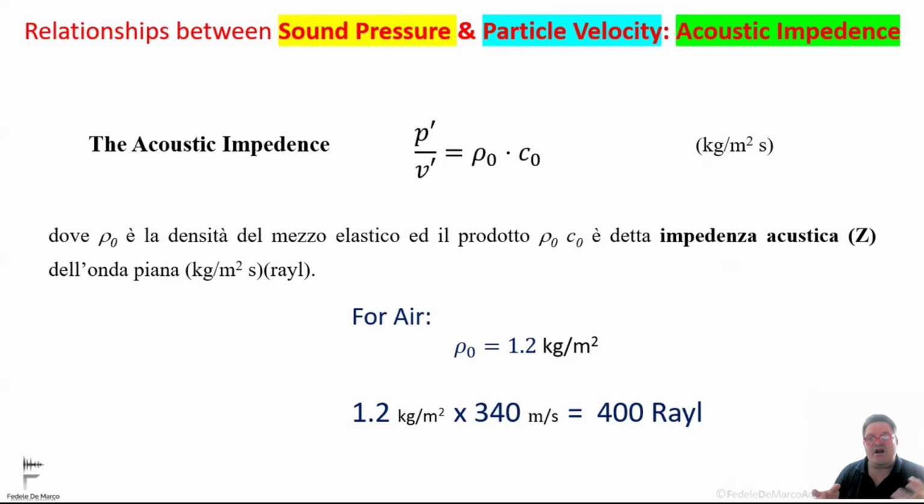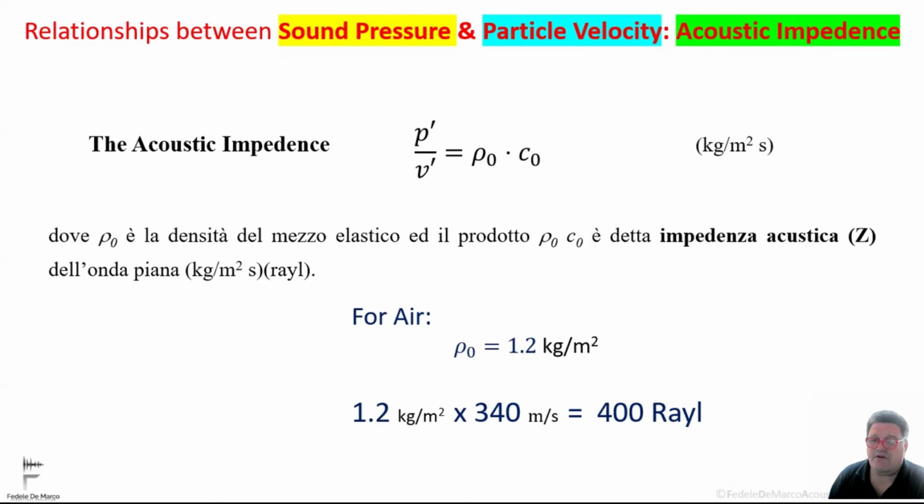Physical laws relate these quantities according to a cause-effect relationship. For example, we see here the relationship between pressure and velocity. Their ratio is called acoustic impedance and describes the impedance of the sound field, not of the medium, because it depends on the medium itself and on the curvature of the wavefront.